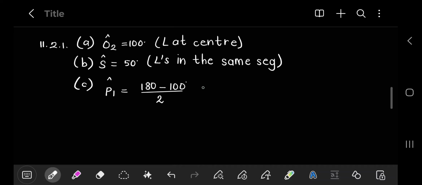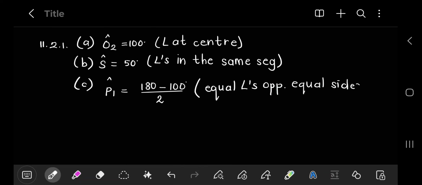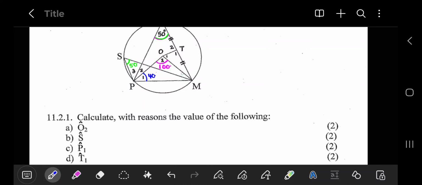Now remember that in grade 11, we no longer say isosceles triangles. Instead, we use the reason: equal angles opposite equal sides. And you're welcome to write the equal as an actual equals symbol. Now, solving for P1, we should get angle P1 as 40 degrees. So here is P1 on the diagram, 40 degrees, and I'm just going to indicate that portion of M as well as 40.